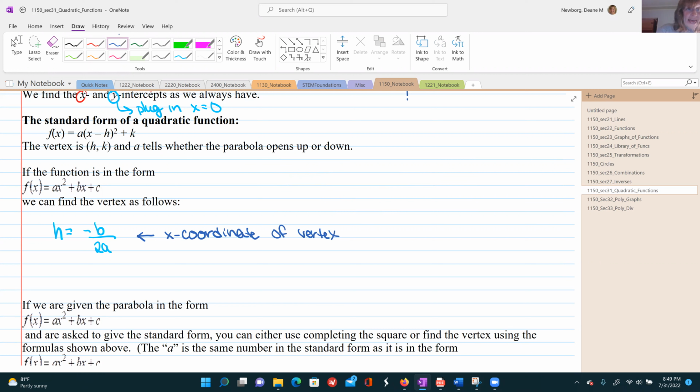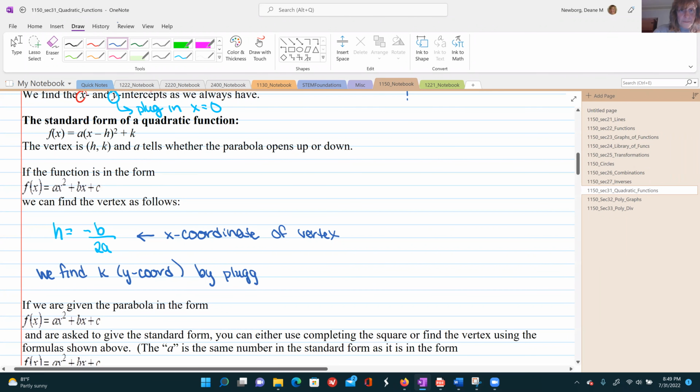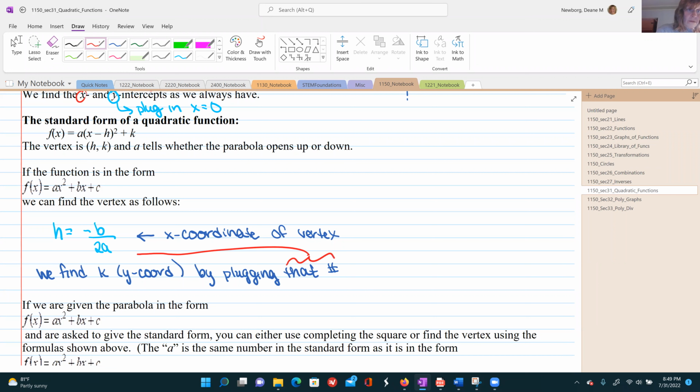So we find k, which is the y coordinate, by plugging that number into the function. When I say that number, I mean the h, the negative b over 2a.